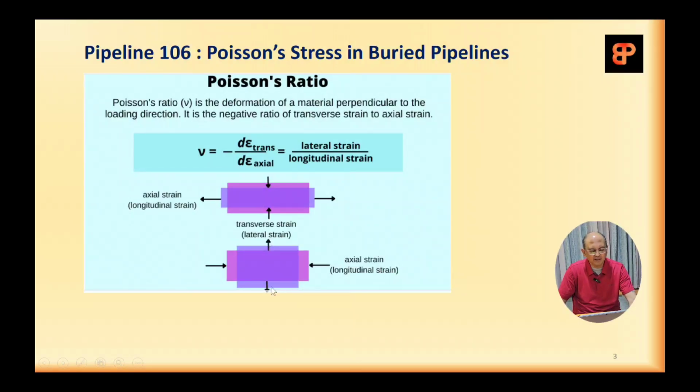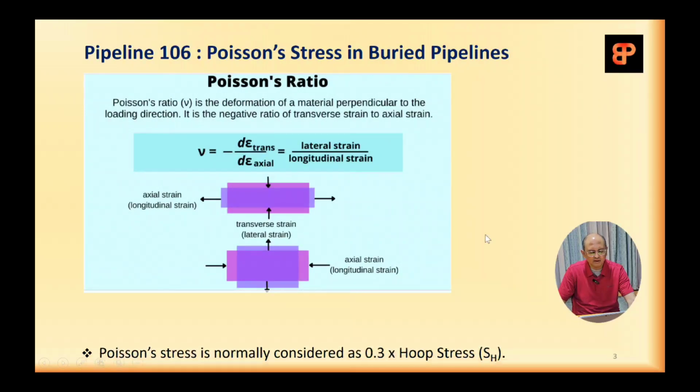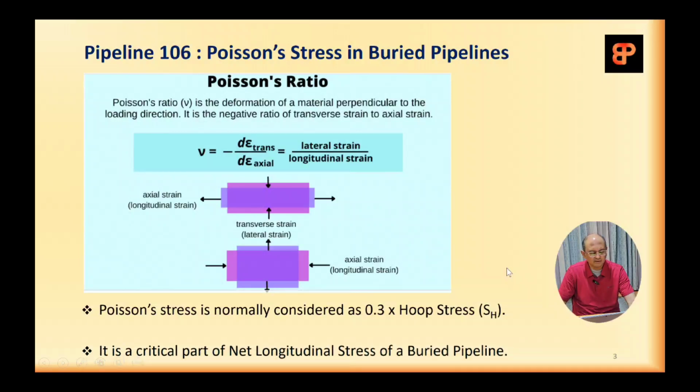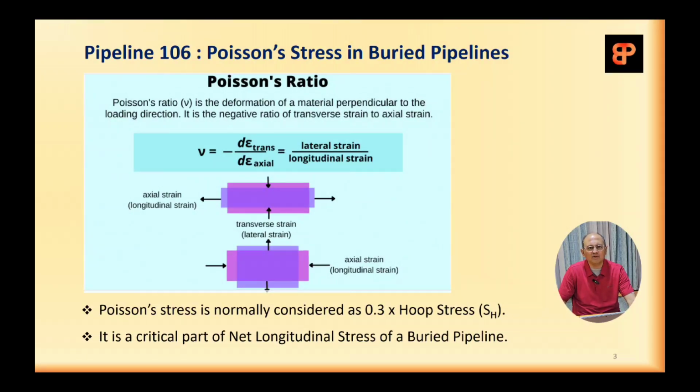If there is a radial pressure acting and a radial or lateral strain occurs in the pipeline, then there will be an axial or longitudinal strain acting in the opposite direction, which is basically the pipe length reducing, and because of that there will be Poisson stress acting, which is going to be 30% of hoop stress. Poisson stress is normally considered as 30% of hoop stress, and it is definitely a major contributor to the net longitudinal stress in the buried pipeline.